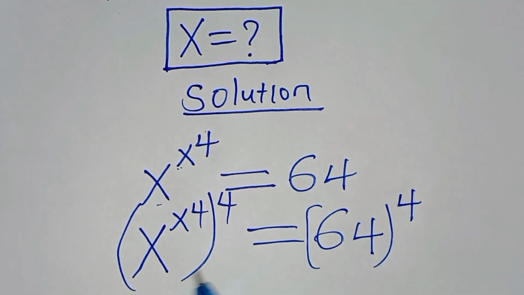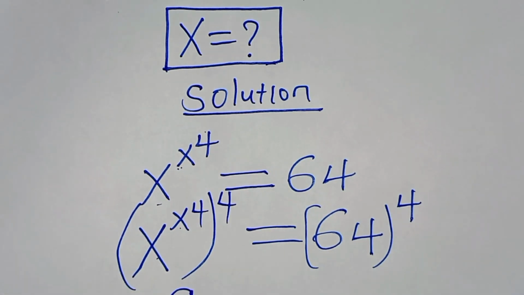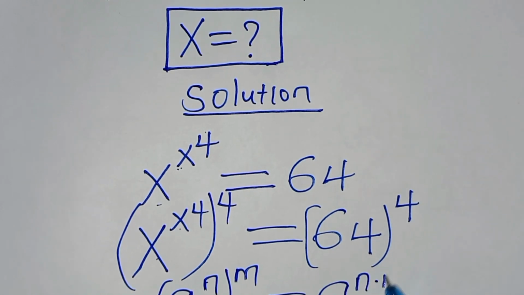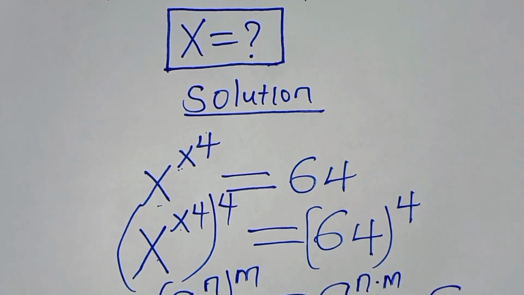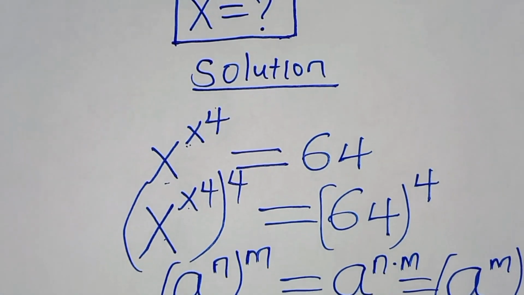The next step is x to power 4 raised to 4. This is in the form of a to power n raised to power m, which we can transform as a raised to power n times m, which we can also express as a raised to power m raised to power n.